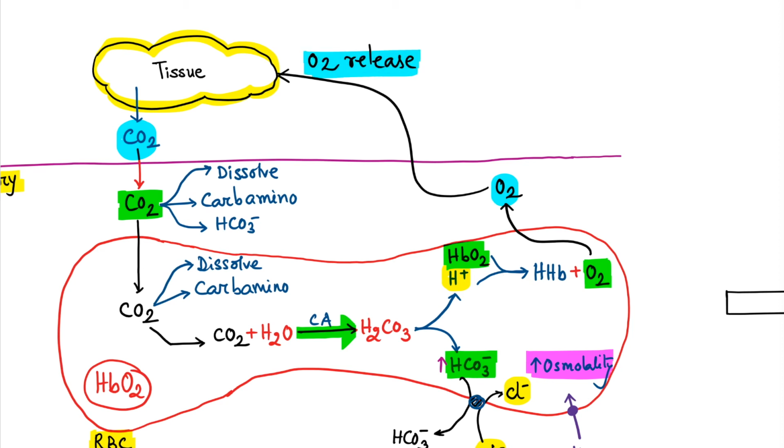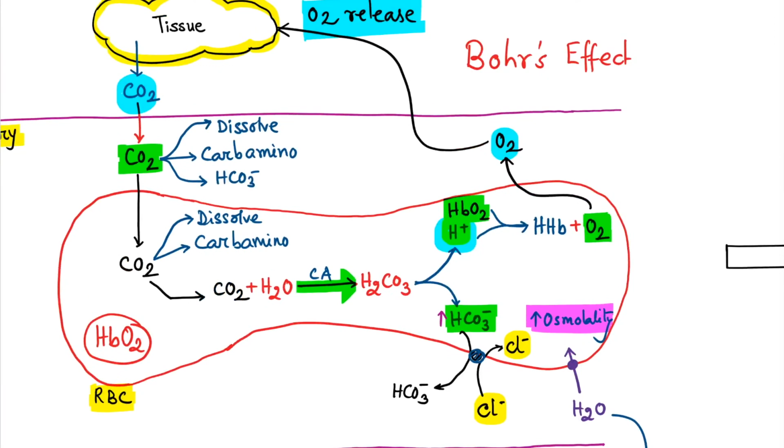Or I can say that carbon dioxide is ultimately producing this H plus ion. Due to high amount of H plus ion, oxygen release occurs at the level of tissue. This is known as Bohr's effect. Okay, so release of oxygen from hemoglobin in presence of carbon dioxide or H plus ion.